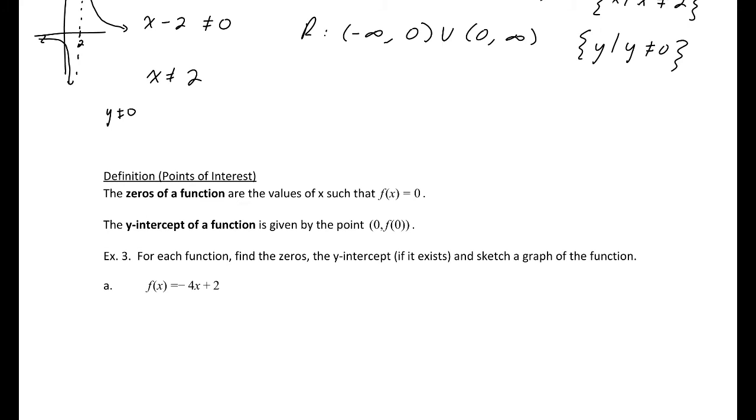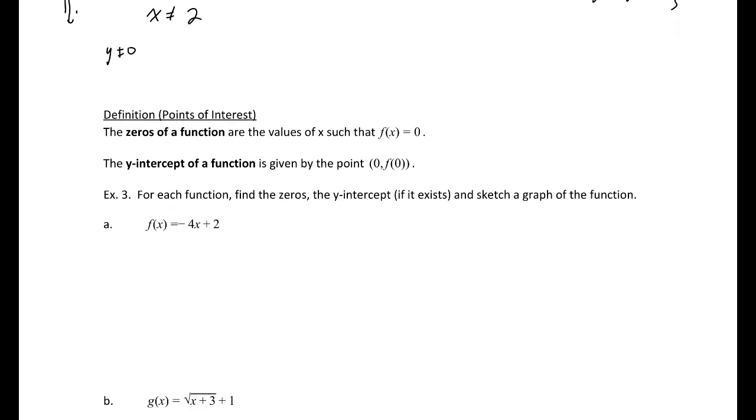Find the zeros means I'm going to set this function equal to 0. So the zeros, we're going to set that equal to 0. Which, if we solve that, subtract 2 and divide by -4, that is -1/2.